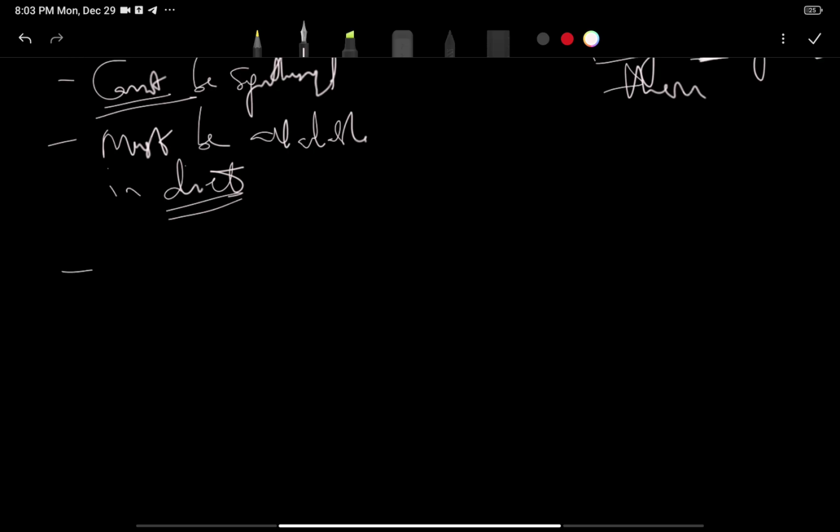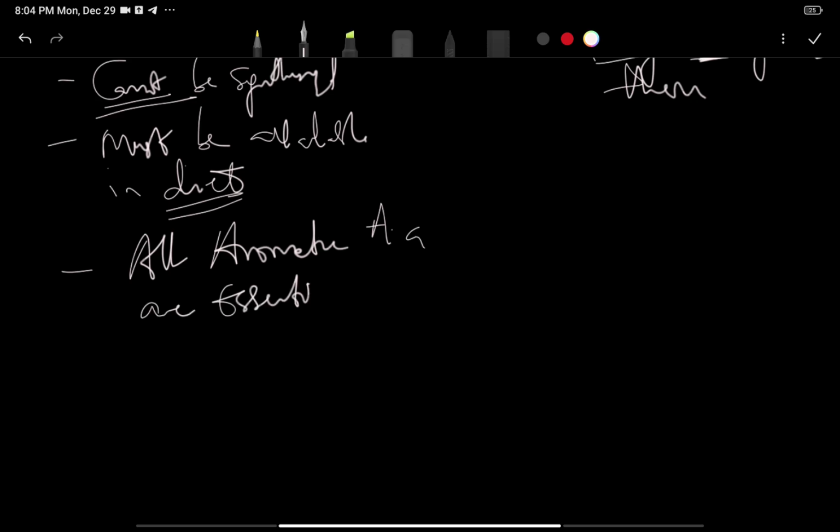The essential amino acids are very easy to know. First of all, know that all aromatic amino acids are essential, except tyrosine. You know why? Because I can get tyrosine from phenylalanine.